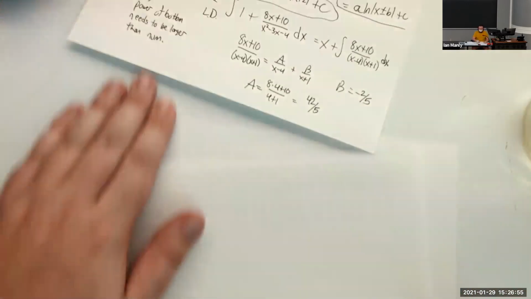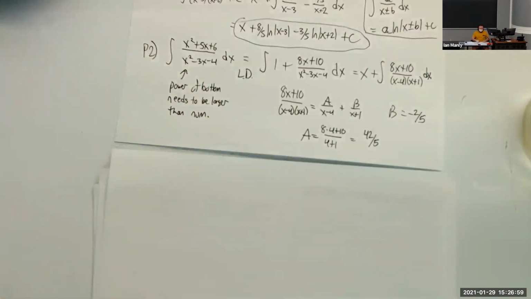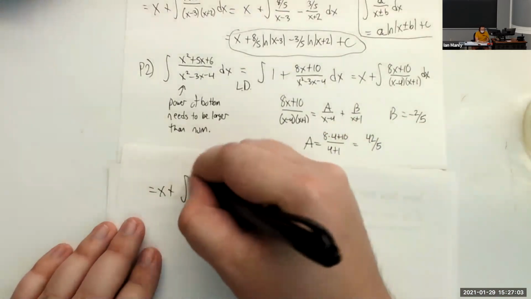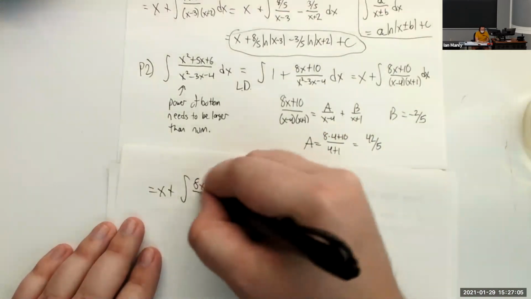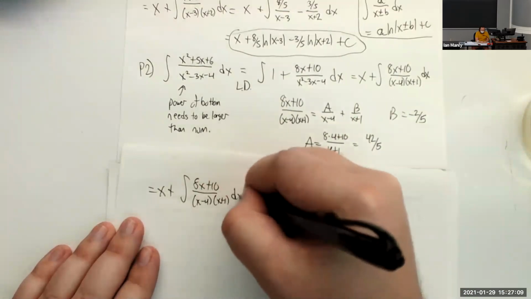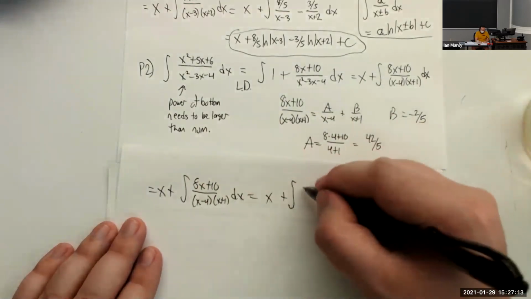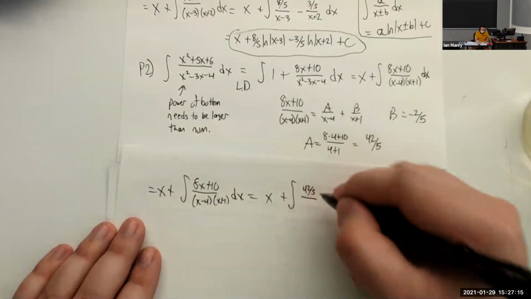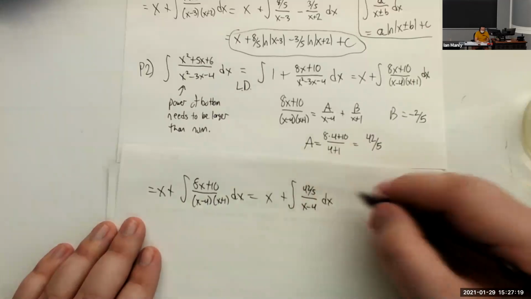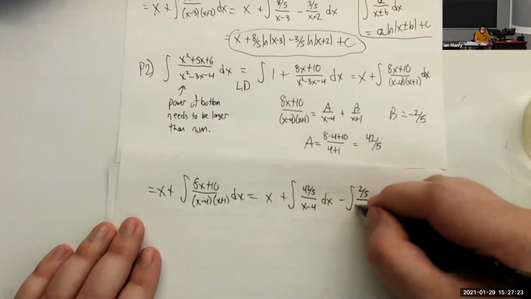All right. So now that we have those, we can split up our integral here. The integral that we had before, which has the combined fraction, can now be split into the integral of 42 over 5 divided by x minus 4, and then we subtract the integral of 2/5 over x plus 1.